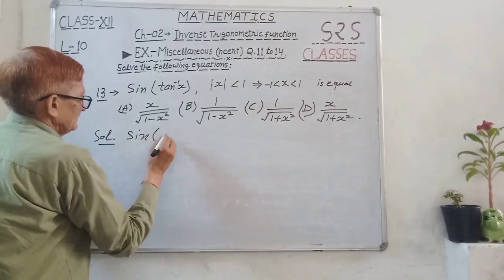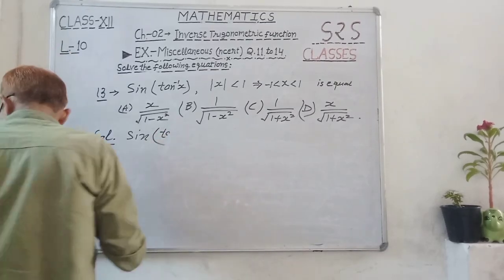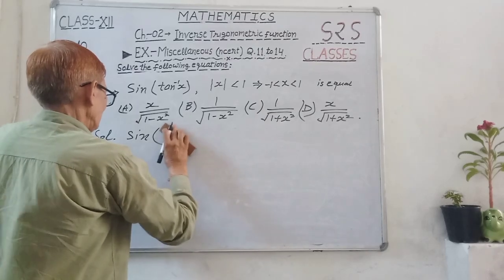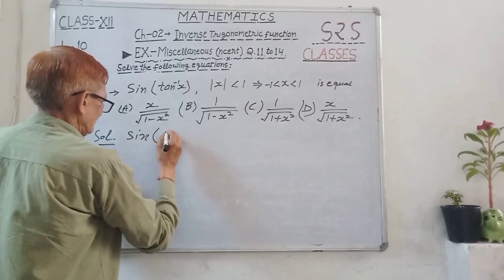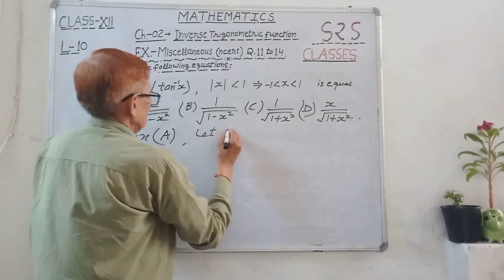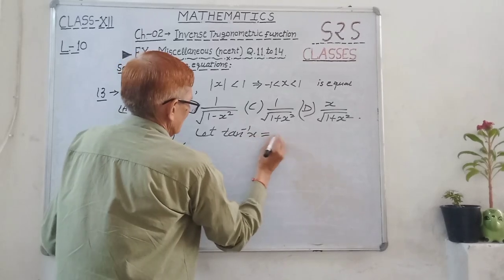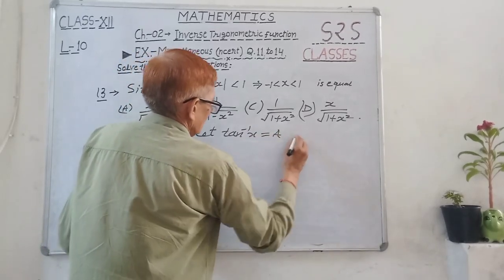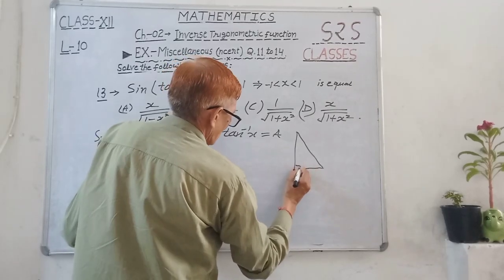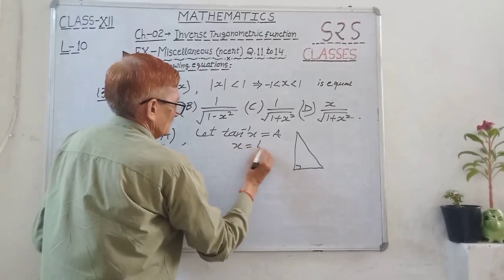Sine of tan inverse x. Let tan inverse x be equal to A. Make a right triangle, because x is equal to tan A.